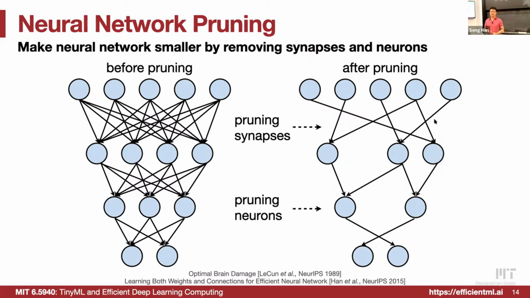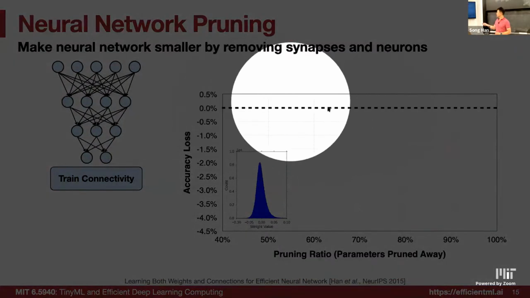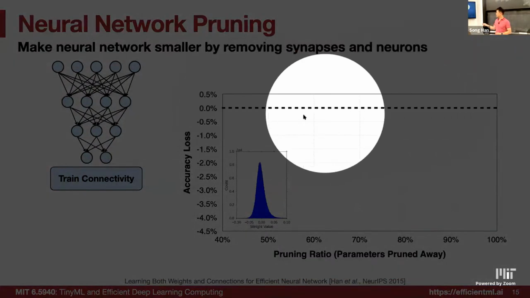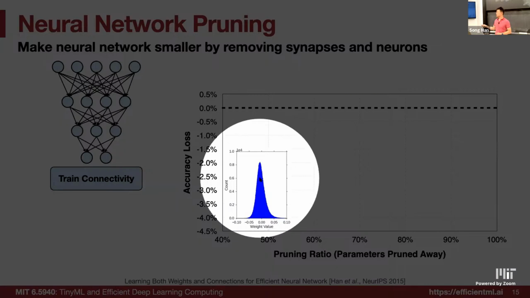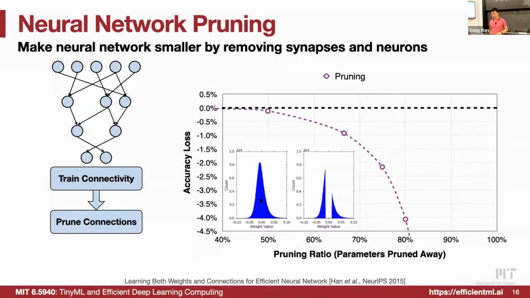And how does this impact the accuracy? So I carried out the experiment back in 2015. We first trained the neural network, and this is AlexNet, where this is the baseline accuracy we can achieve, and this is the distribution of the weights for a particular layer, which roughly forms a normal distribution.